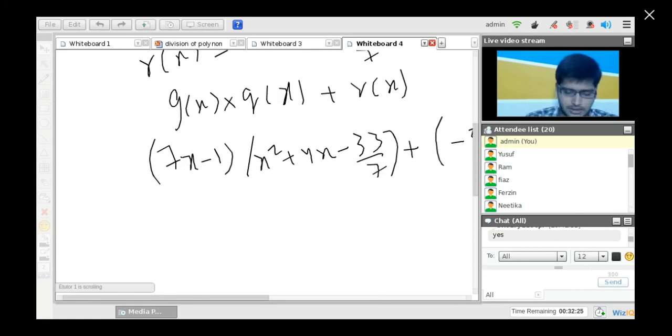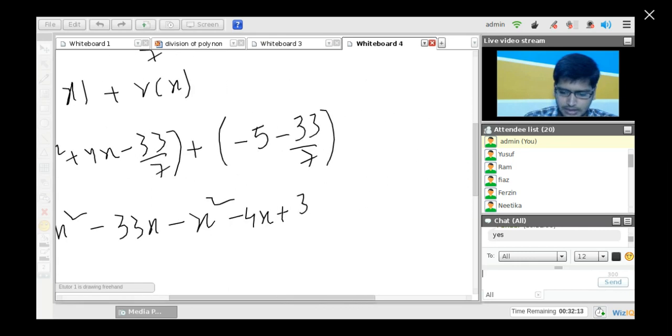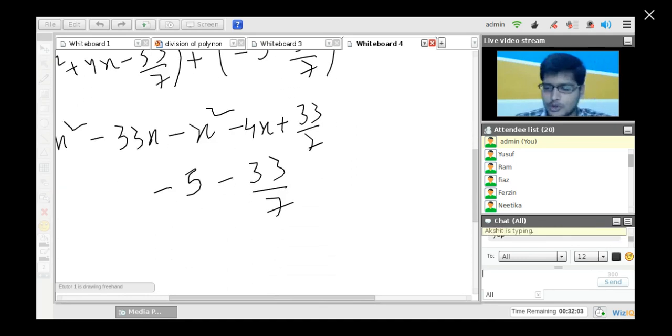It is nothing but 7x into x square, 7x cube plus 28x square minus 33x minus x square minus 4x plus 33 by 7 plus, let me say, I'll write it as minus 5 minus 33 by 7. So far, every one of you is clear?